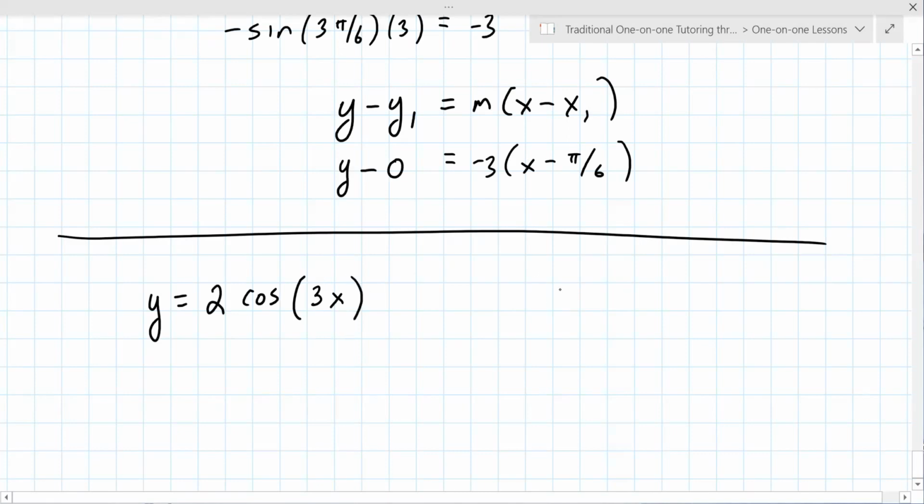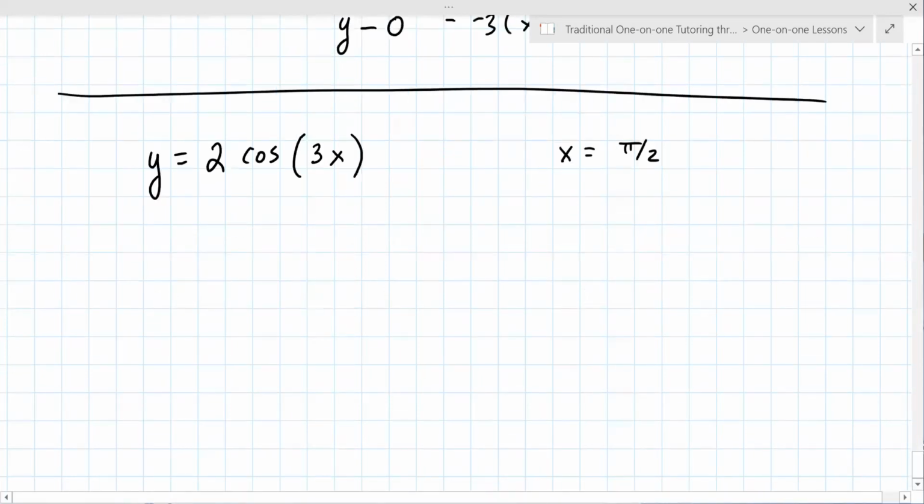And let's do x equals pi over 2. Cosine. Okay. So we want the tangent line of this. But then that's 2 negative sine 3x times 3.